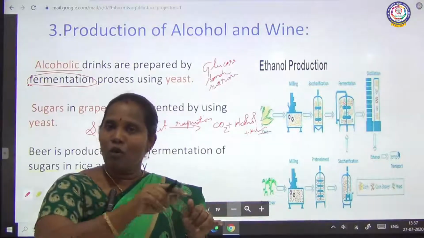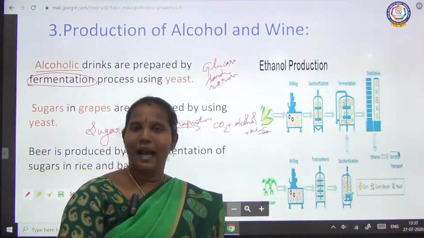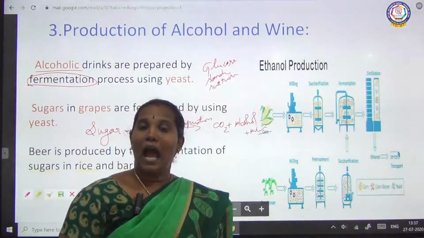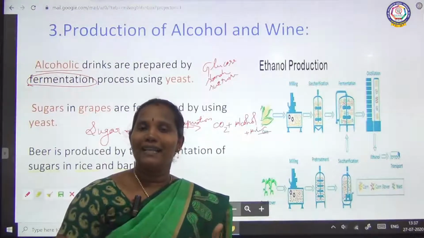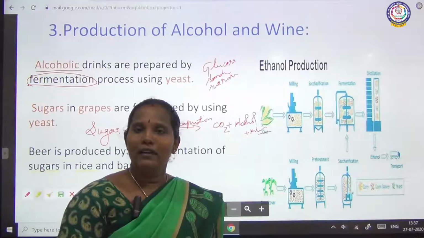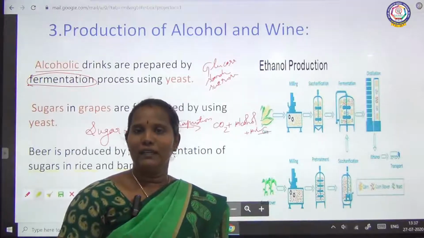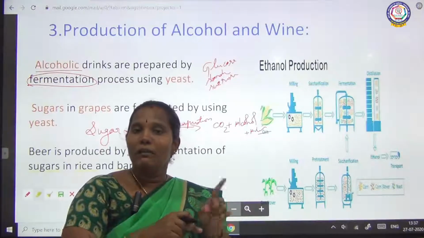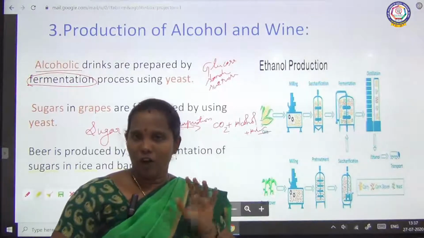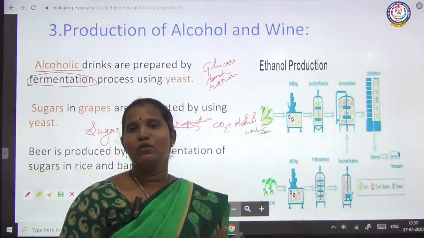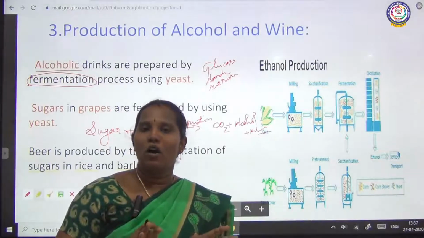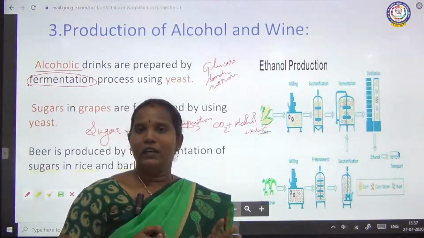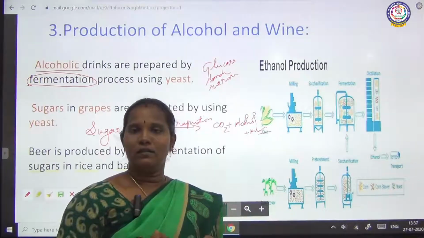This tub is closed tightly, then hidden in the soil. After a few days or few months, they dig it out from the soil. These grapes will be turned into alcohol. This process is used to prepare alcohol and wine in many industries. Isn't it?